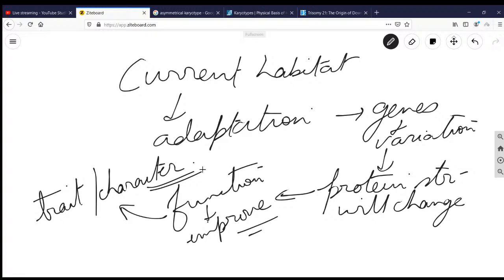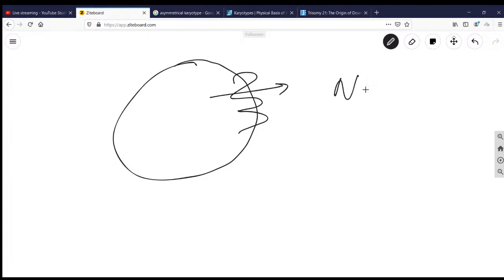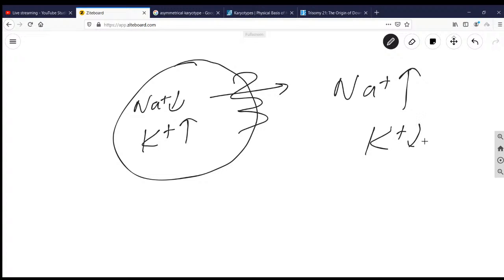Na-K ATPase, what it does, thyroxine hormone will stimulate this pathway, where I have told you that Na plus is always more outside the cell, Na plus is less inside the cell, K plus is more inside compared to outside.